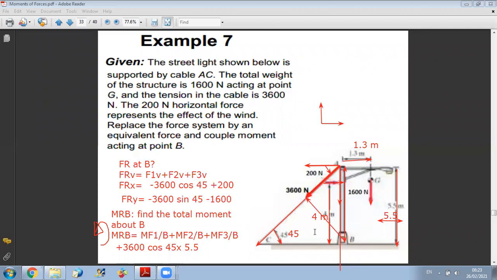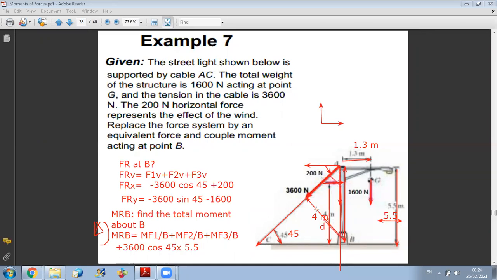In this big triangle, I know that this angle is 45, and this is the hypotenuse, 5.5.